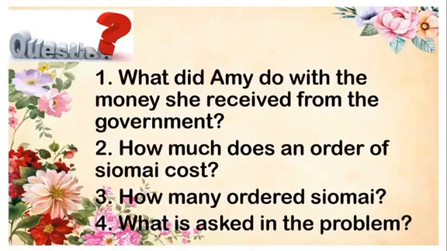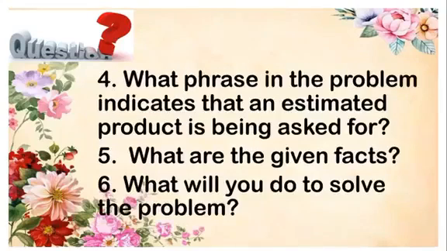Question number 4. What is asked in the problem? The amount of money earned in her siomai business. Next question. What phrase in the problem indicates that an estimated product is being asked for? The answer is, the word "about" tells us that an estimated amount is needed.